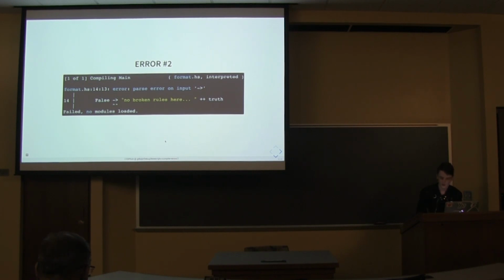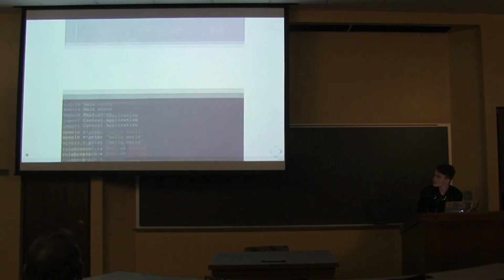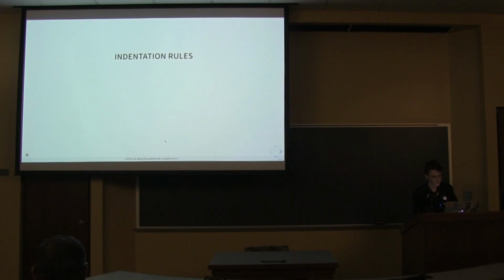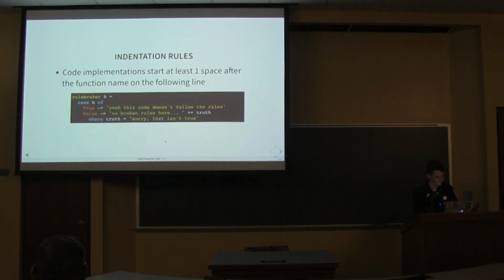And so let's go check that out. So we're going to take a look at this entire code block here because there are similar problems. So the indentation rules. Code implementations have to start at least one space after the function name on the following line if that's where your implementation starts.